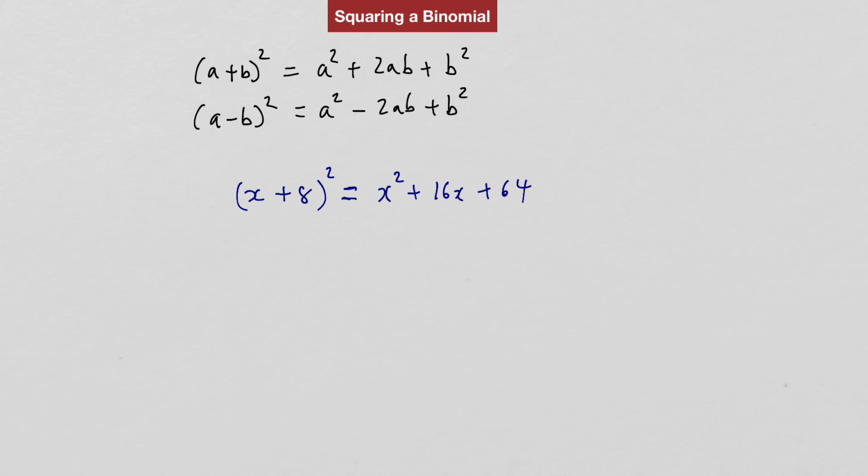Okay, let's try another example. Let's say we have 2y squared plus 5, quantity squared. Well, if we follow this first equation, it just becomes 4y to the 4th.